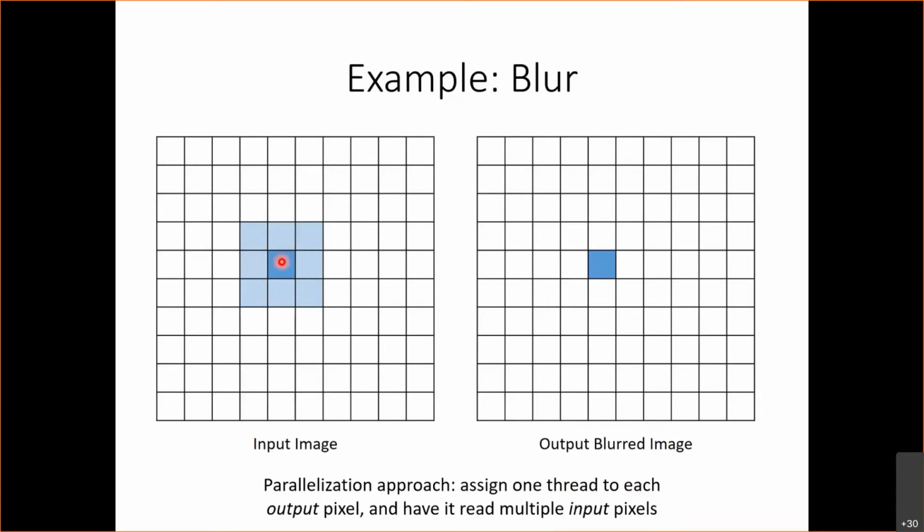In this case, the radius of my blur is 1 because the blur goes 1 away from the central pixel. But the radius of my blur could be anything. So inRow is going to start here and go from here until here, and inCol is going to start here and go from here to here.